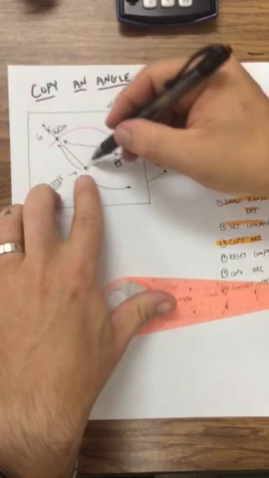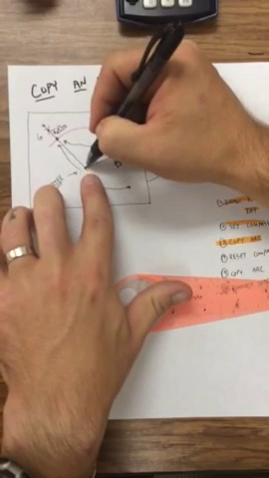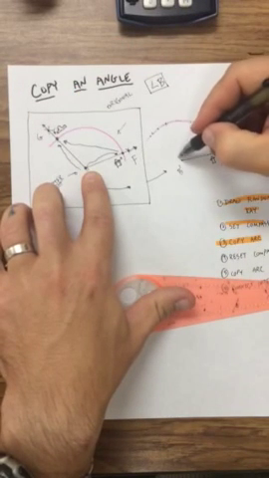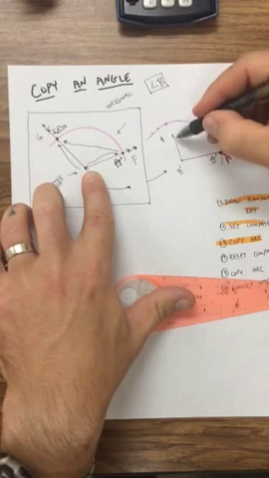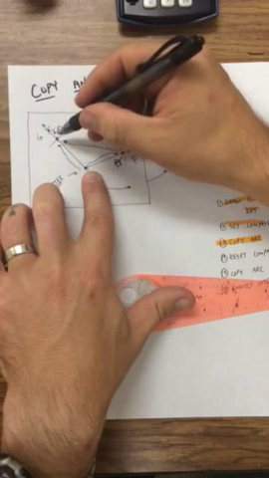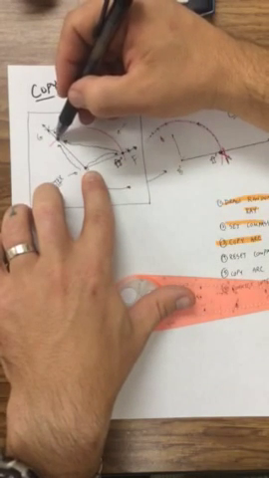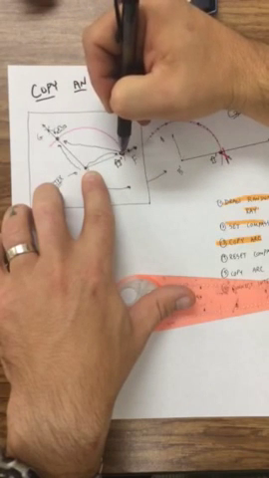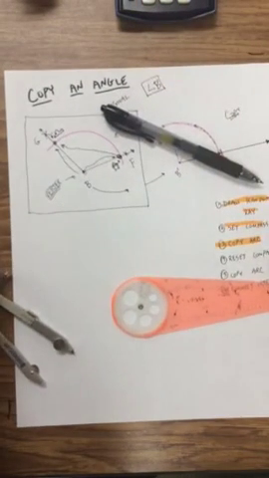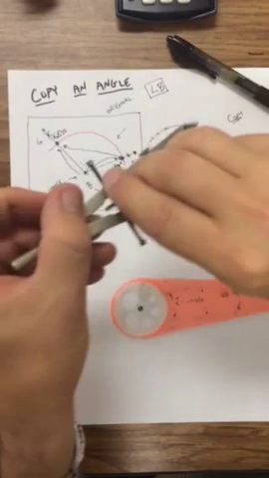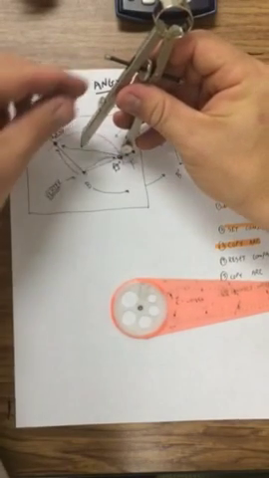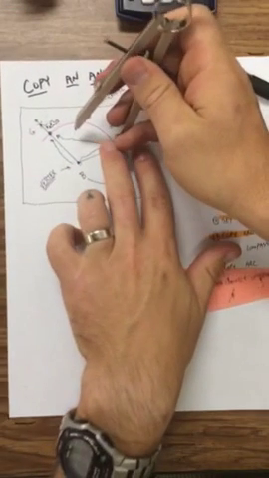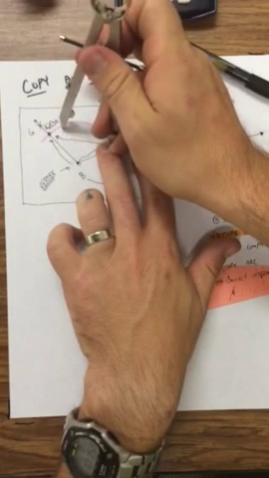Well, I know exactly how far the truck is away from B because it's going to be there or there. I know exactly where it is. The only thing I don't know yet is how far the truck is away from the house. So that means that you reset your compass. You take your compass from your house and you reset it to where your truck is.